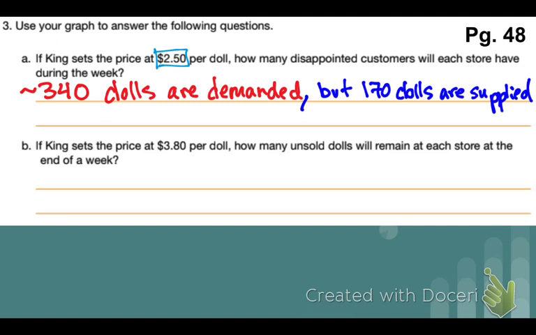Yeah, exactly. So Kayla said 340 dolls are demanded. That's how many the consumers are wanting, but there's only 170. So we subtract the number, 340 minus 170.